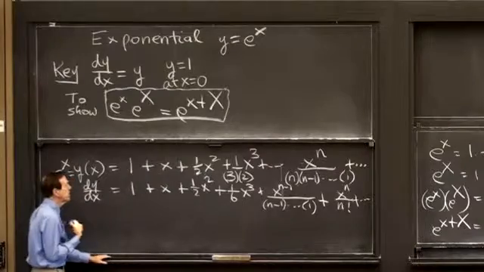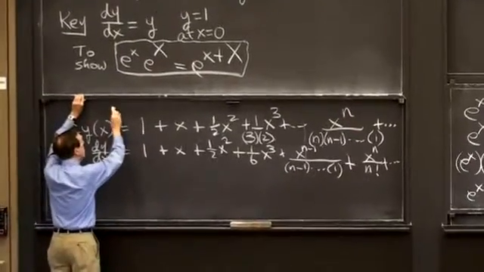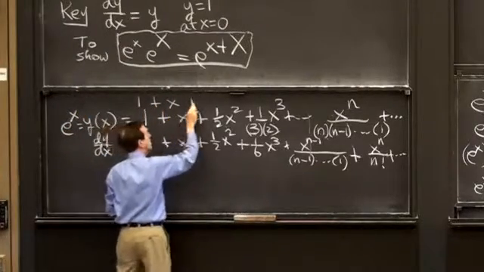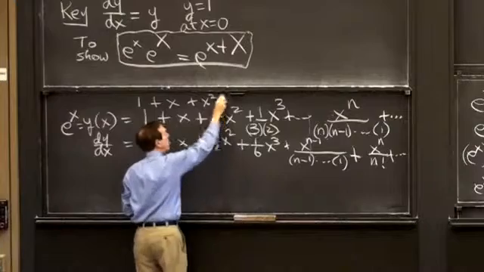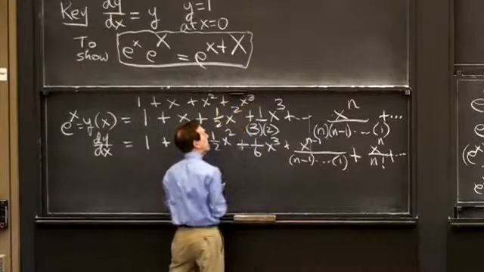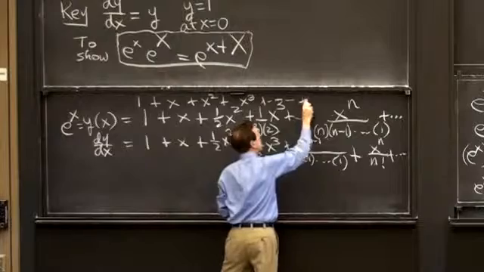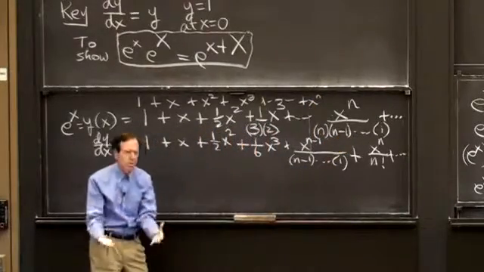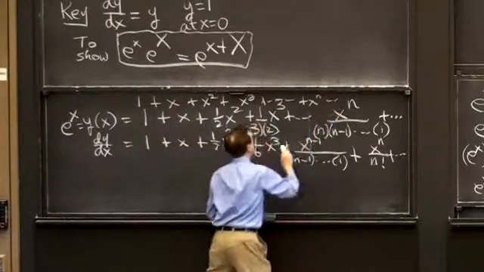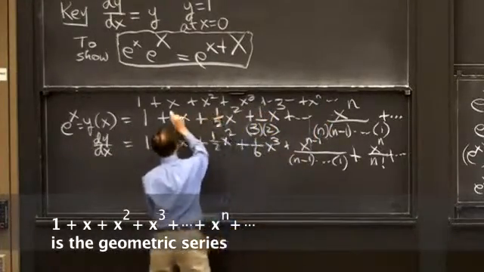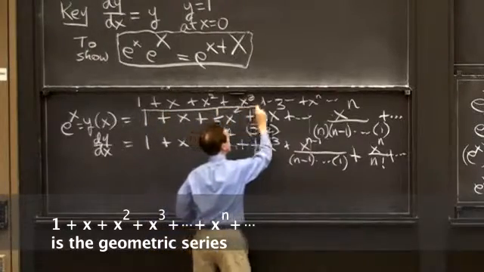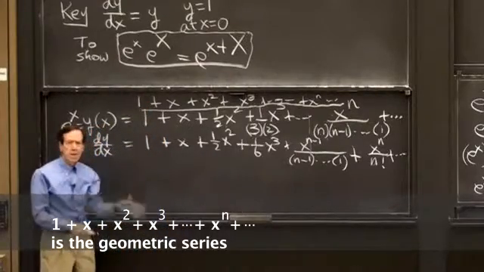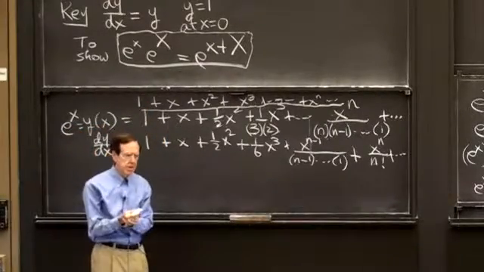It would be 1 plus x squared without the half, plus x cubed without the 1/6, plus so on, plus x to the n without this n factorial that's making it so small. Can you see this? 1 plus x squared plus x cubed plus x to the n? I think it's called the geometric series, powers of x.